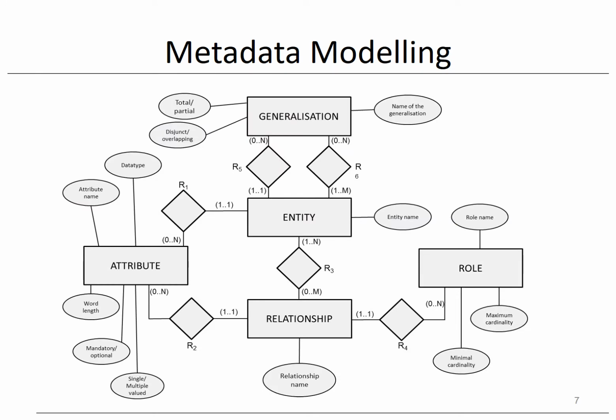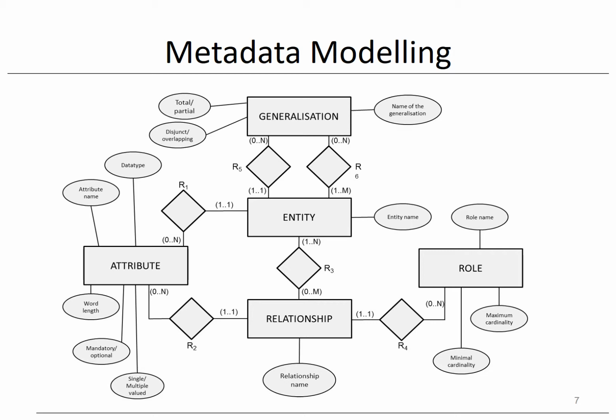This figure shows an example of a metamodel, which is in this case an EER conceptual model of an EER model. The relationship types R1 and R2 model the relationship between an attribute and an entity or relationship. The relationship type R3 specifies which entities participate in which relationships.